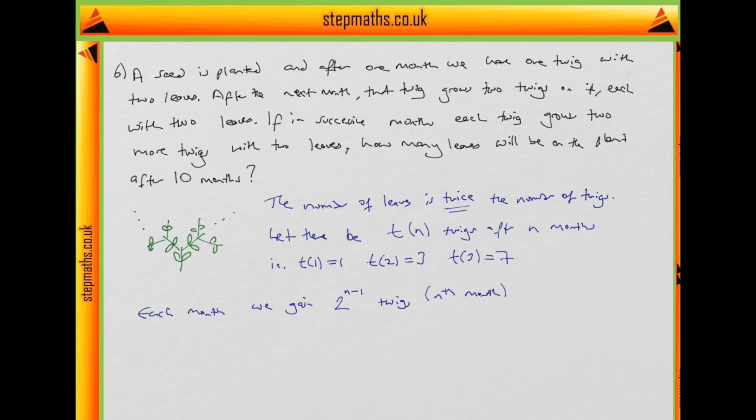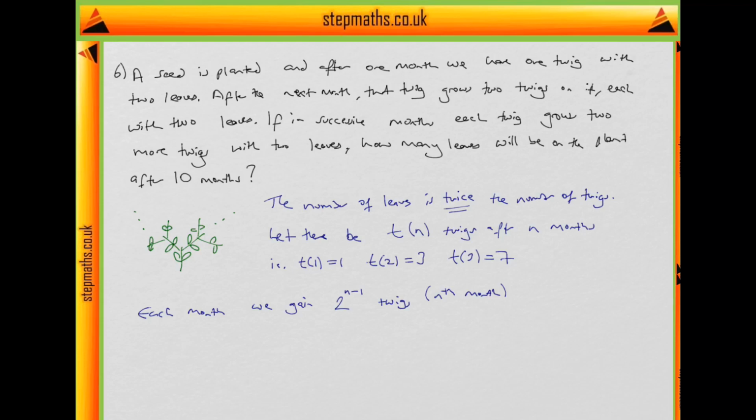So let's check that. For the first month we gain 2 to the 1 minus 1, which is 2 to the 0, so we gain 1 twig, fine. In the second month, we've gone from 1 to 3, so we've gained 2. Well, 2 minus 1 is 1, so 2 to the 1 is 2, fine. In the third month, we've gained 4. 3 minus 1 is 2, 2 to the 2 is 4. So we see that this works.